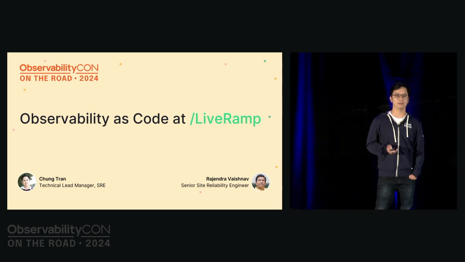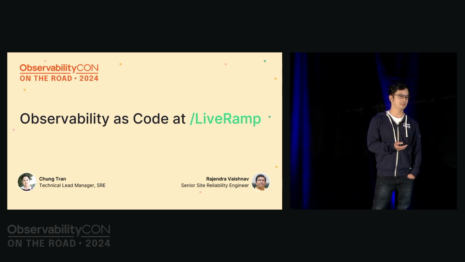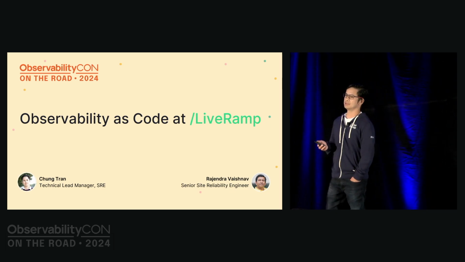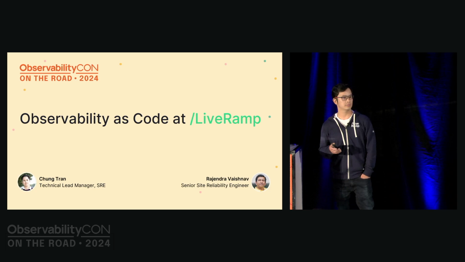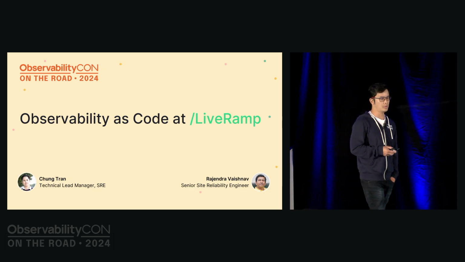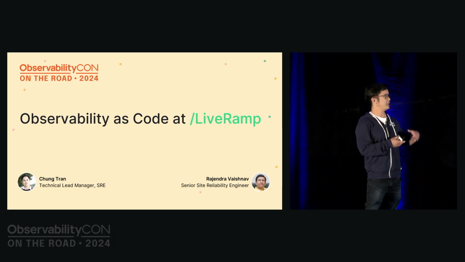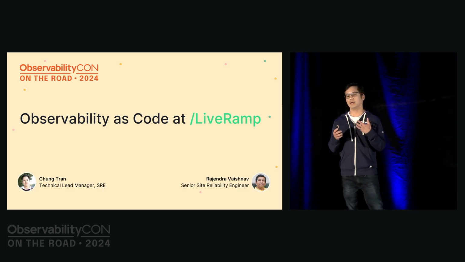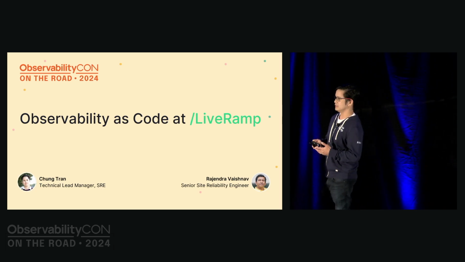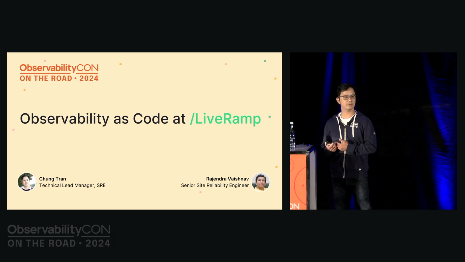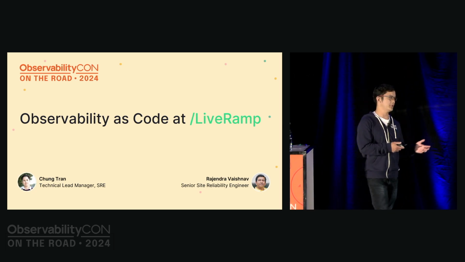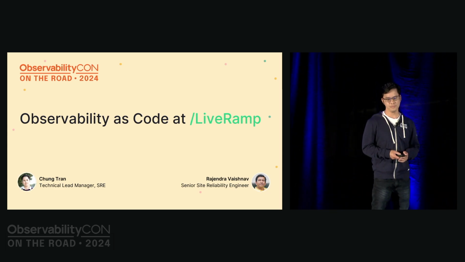And to do that for many teams that we have, it's very time consuming, and at times it's getting a little boring, right? We don't want to continue to do that. So we want to create a self-service model that any team can leverage and onboard themselves without SRE at LiveRamp having to go and do it for them.